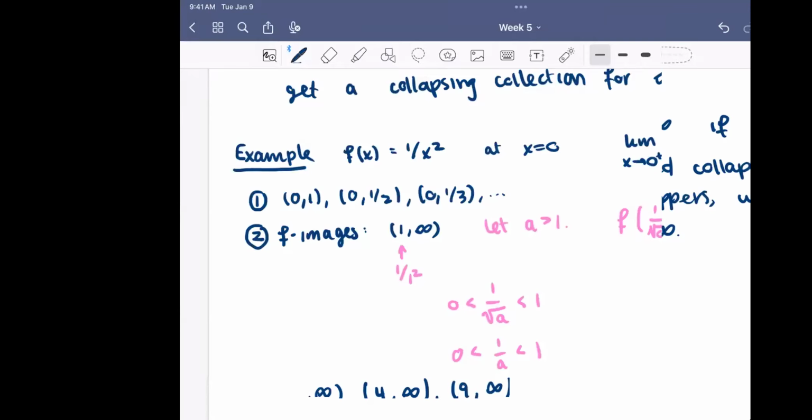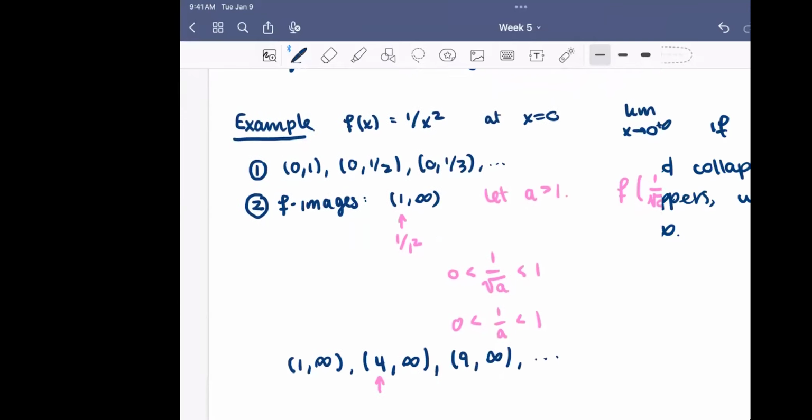So it's looking something like this, right? So if I want to show that this is continuous, I'm taking a collapsing collection for 0, and then my f images would always contain this point. So the wrappers of the f images would be all intervals from 0 to infinity for all of them. So it's not collapsing.